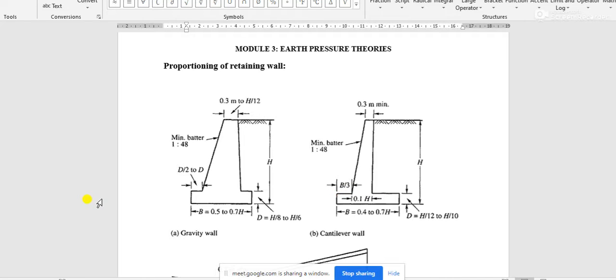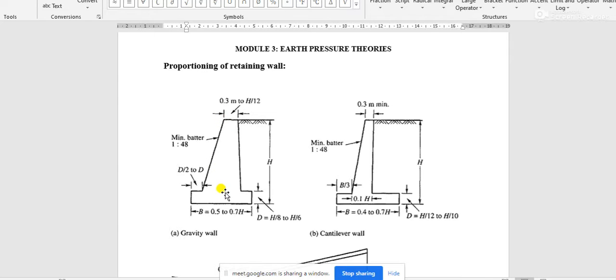Now, the bottom thickness of the main wall, that means if we leave this slab portion, this thickness of the retaining wall is dependent on the batter angle. The batter angle means the angle with the vertical, the inclination of the front surface of the wall with the vertical plane.